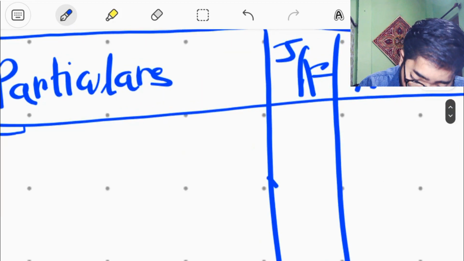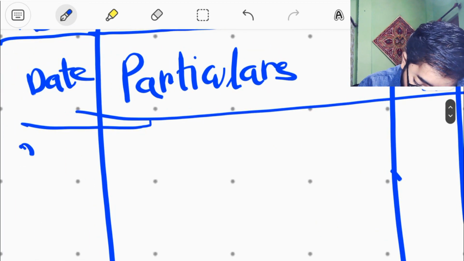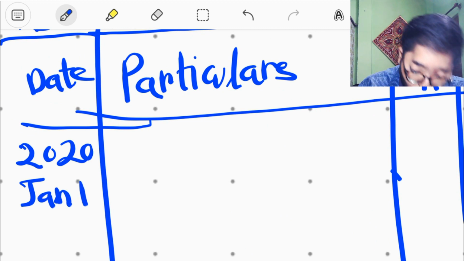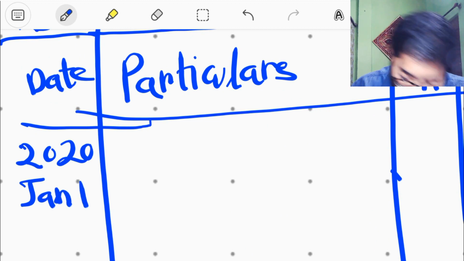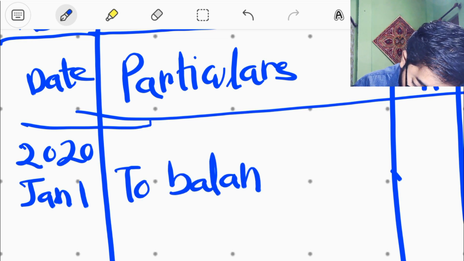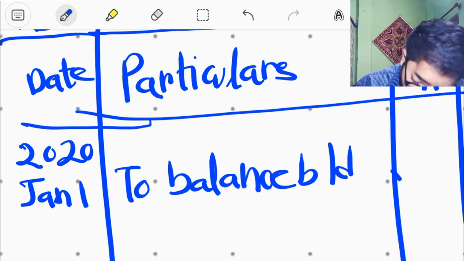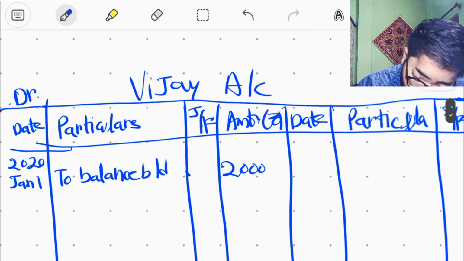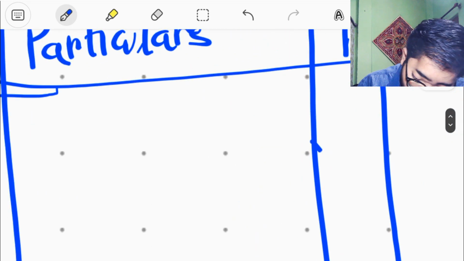So Vijay opening balance, sorry, opening date, amount is 2,000.